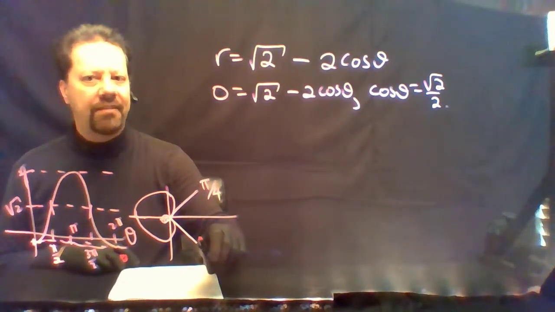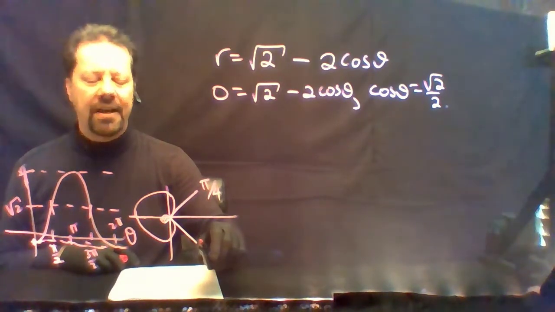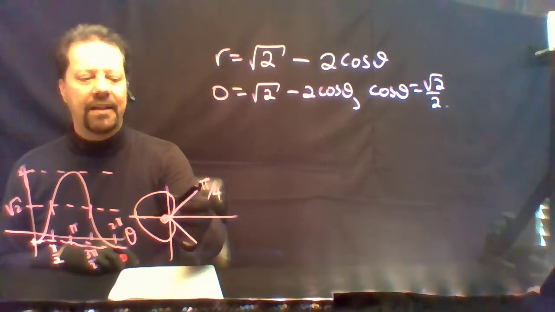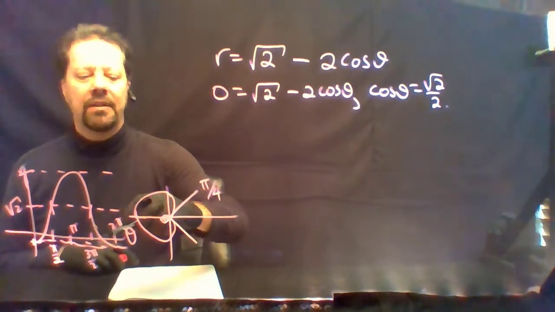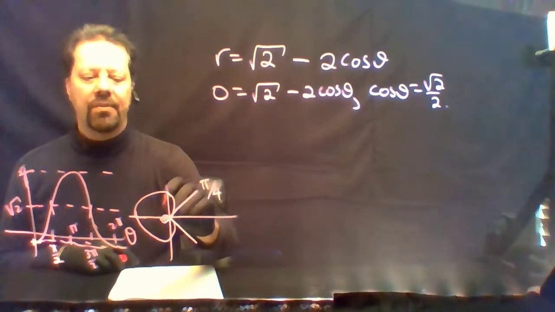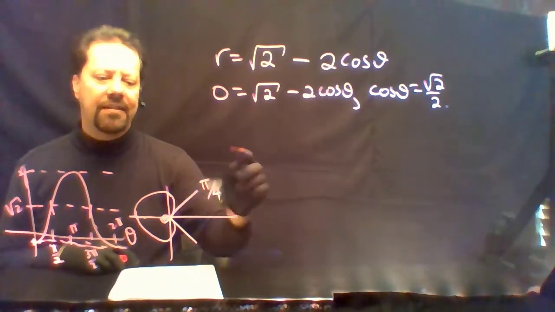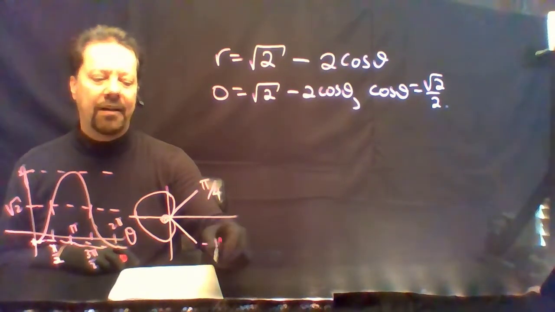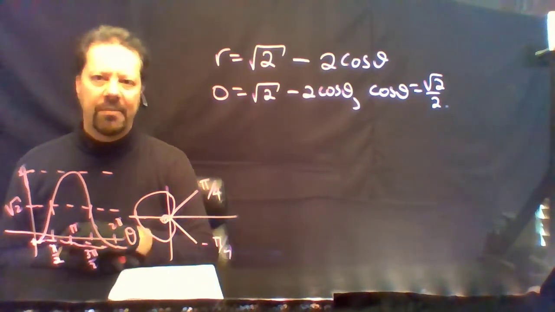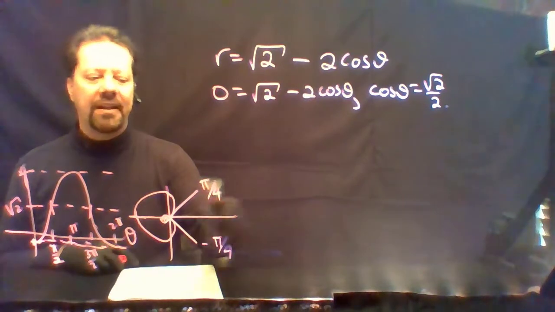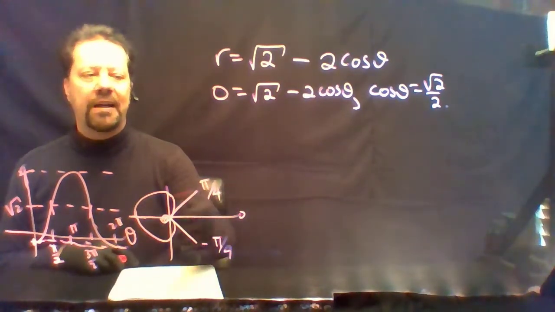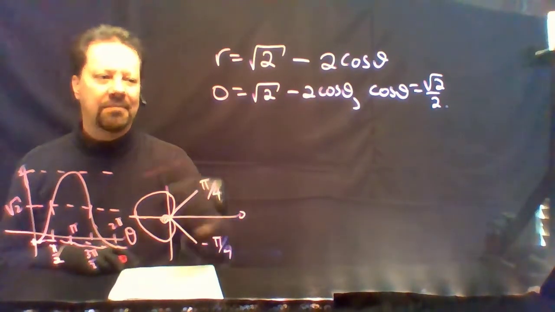Don't choose 7 pi over 4 for the other angle, because if you do, you'll be integrating from pi over 4 to 7 pi over 4, which gives you the wrong area. Rather, negative pi over 4 would be a better choice. But even better yet, integrate from 0 to pi over 4 and then double it.